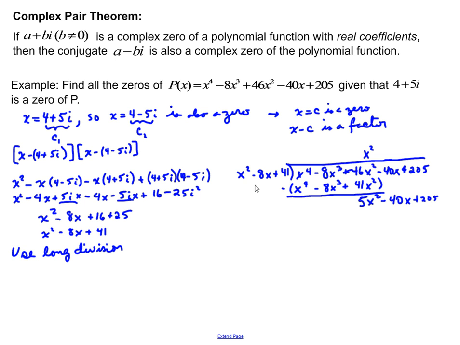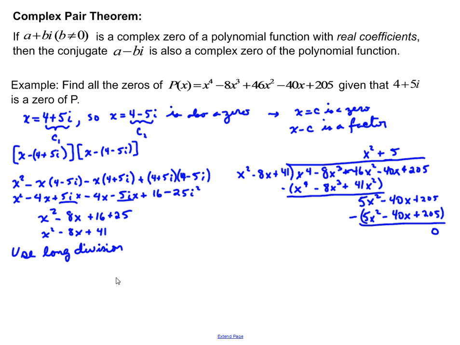So what do we multiply here? Well, we're going to multiply by 5. So plus 5. 5 times x squared gives me 5x squared, just as I was hoping to get. 5 times negative 8x gives me minus 40x, again, as I was kind of hoping for. And 5 times 41, well, you better bet it's 205, right? So that when we subtract, we get 0 as our remainder.